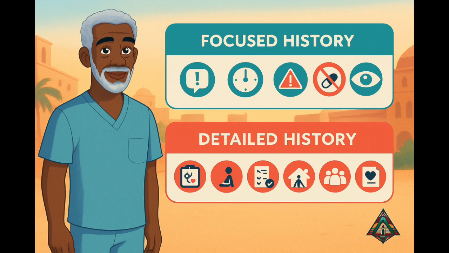Many critically ill patients may be conscious only briefly before their condition deteriorates, which means that obtaining a timely history can be crucial. During the initial phase, we obtain a focused history that helps identify the reason for deterioration, the timing of symptoms, relevant past illnesses, and any immediate hazards such as allergies or medications.